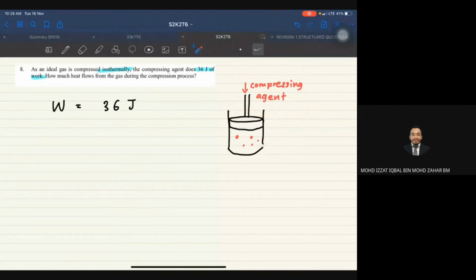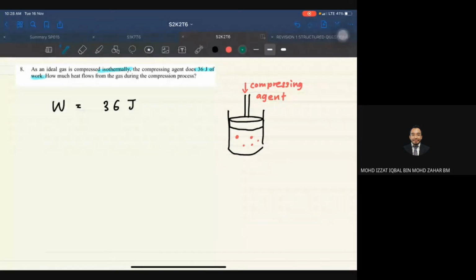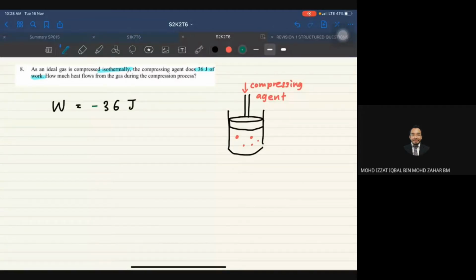Okay, so the work done actually is on the system. Bukan by, dia on ke atas sistem tu. So positif ke negatif? Positif. Are you sure? Negatif. Negatif sebab apa? Work done on the system. Nanti kamu boleh tengok balik lah. So jangan confuse ni. Dia kadang-kadang dia memang little bit confusing sebab selalunya dia pakai compressing agent ni gas juga. So kamu kena faham lah, dia ada dua jenis gas, satu yang kat luar, satu yang kat dalam.